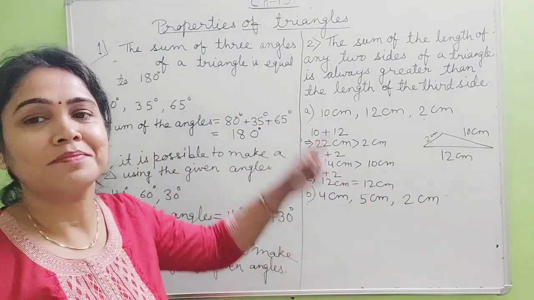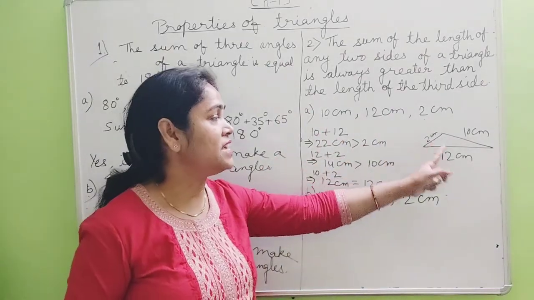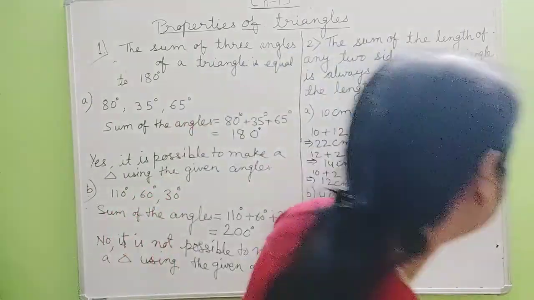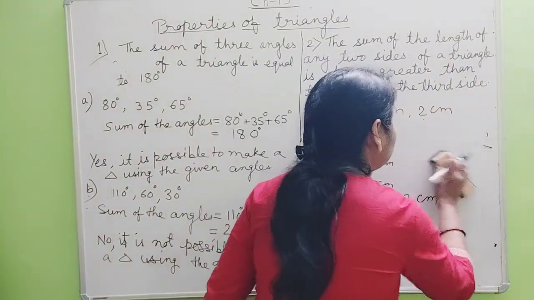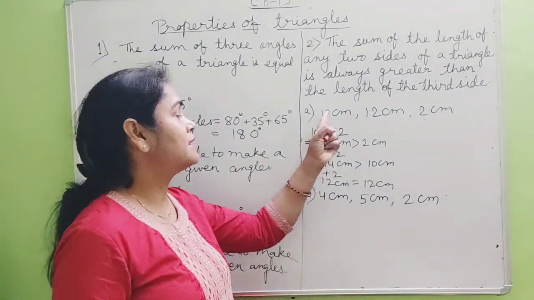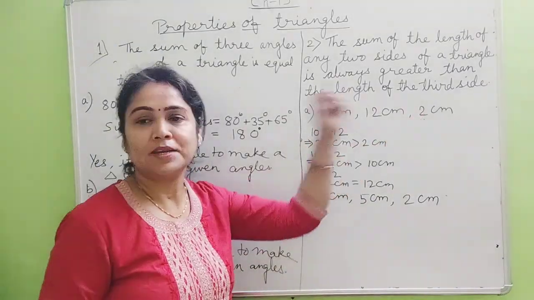Means we cannot make a triangle using these measurements. A triangle with 2 centimeter, 12 centimeter, 10 centimeter is not possible. We cannot make any triangle besides 10 centimeter, 12 centimeter and 2 centimeter.